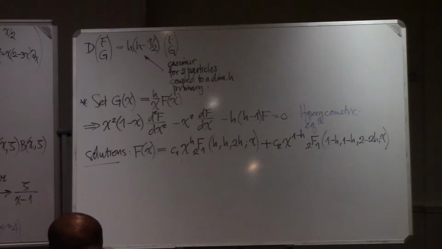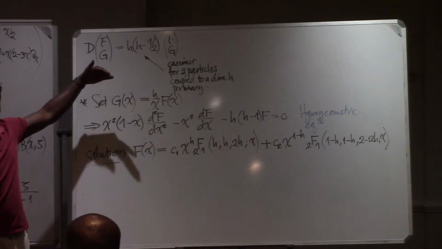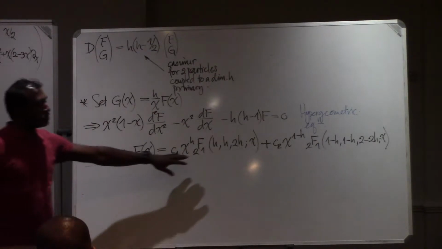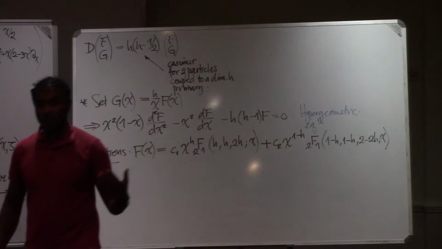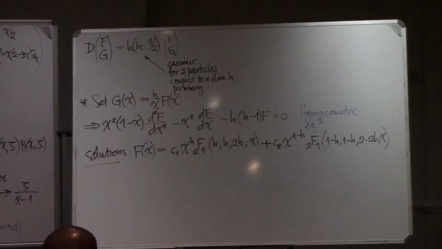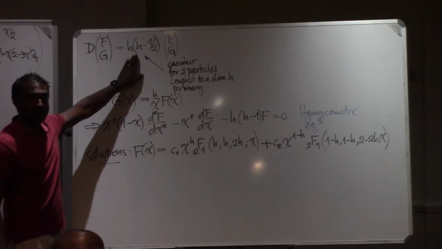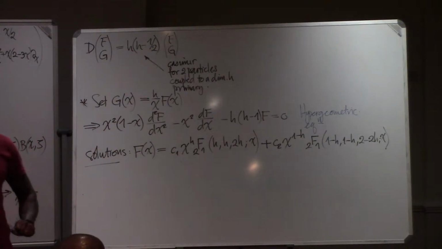So we should check that this is consistent. The first thing is, we started off with a 2x2 system, so we have two hypergeometric equations, more or less, in two functions. And we get two solutions from here. So the counting doesn't quite seem right. I need 4 linearly independent functions. I get 2 from this guy. But actually, we noticed that this eigenvalue problem is invariant if I replace h with a half minus h.